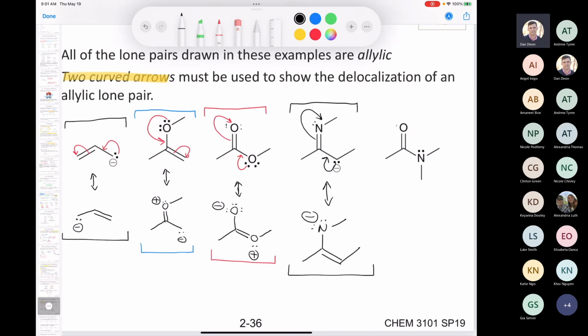And for the last one, could anybody identify the functional group in this molecule? Just a little functional group practice. Yeah, it's an amide, absolutely. Okay, cool.